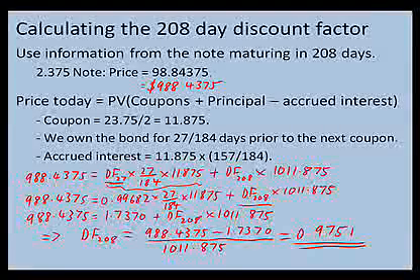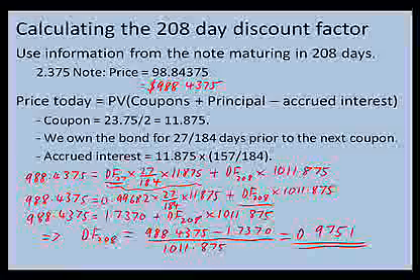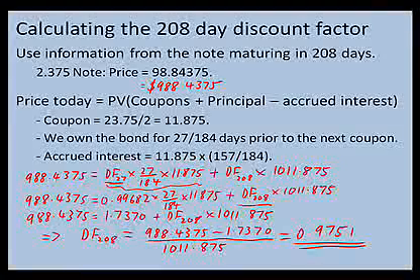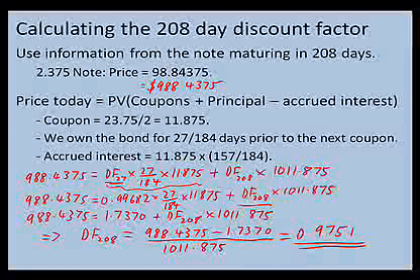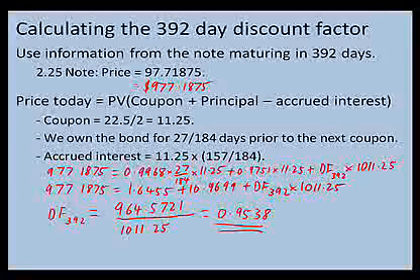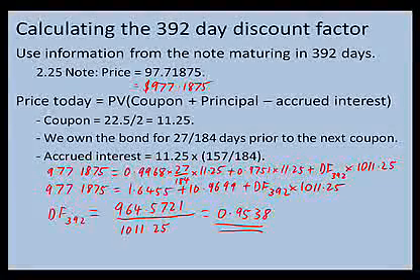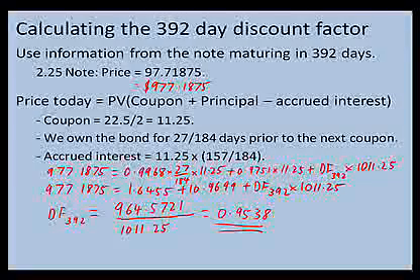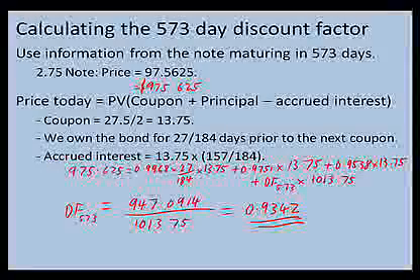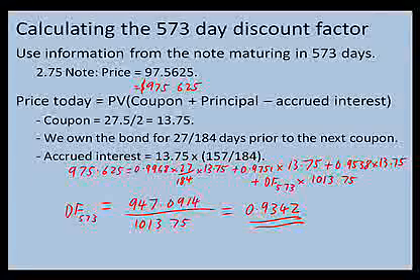We can use the same technique used to calculate the 27-day discount factor and the 208-day discount factor to calculate discount factors at 392 days. So exactly the same approach. We do the same for 573 days.